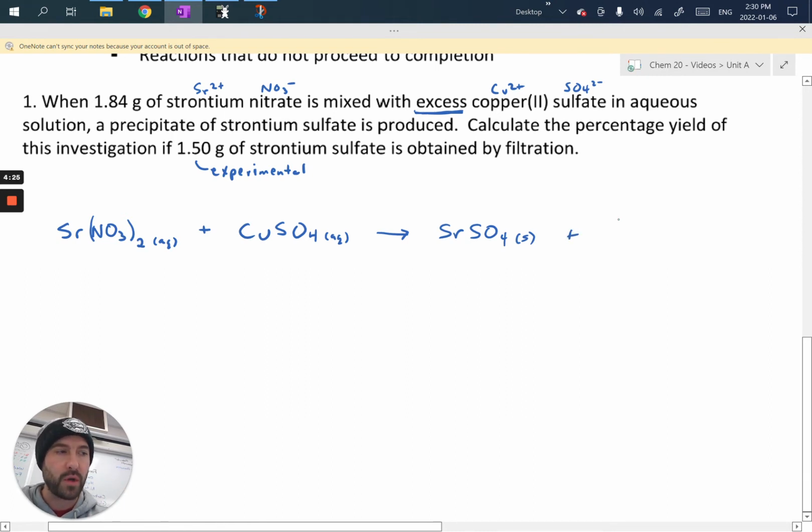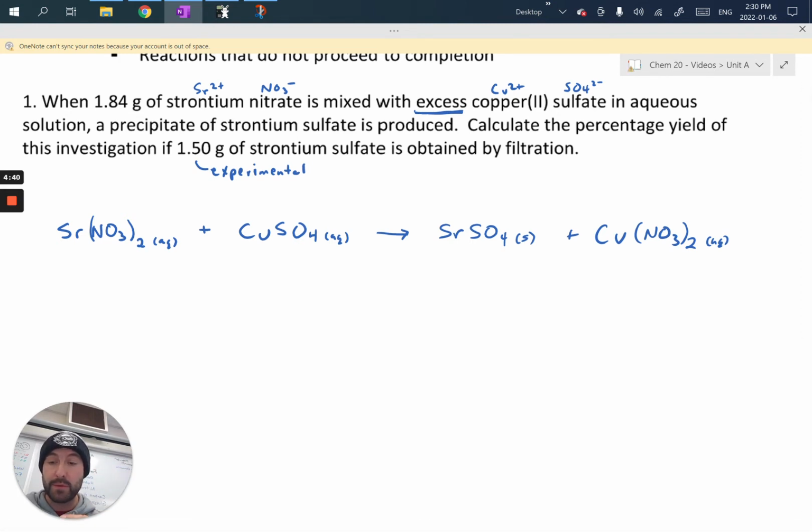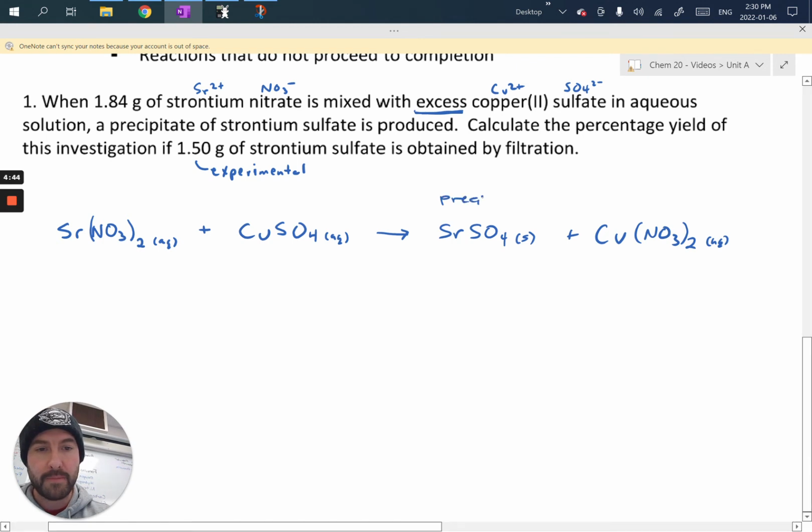And then our other product is going to be copper 2 nitrate, Cu(NO3)2, and that's going to remain aqueous. So when I mix these two solutions, I'm going to produce a solid, and you guys know that that's our precipitate, and a lot of times that's what we'd be looking for in this chemical reaction. So there's our precipitate.